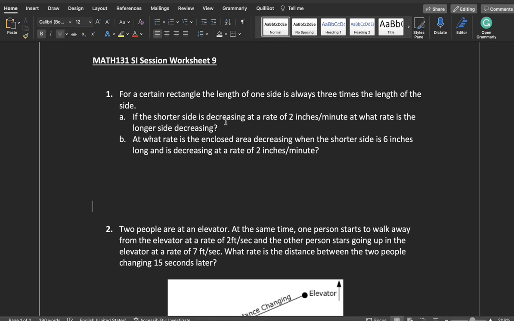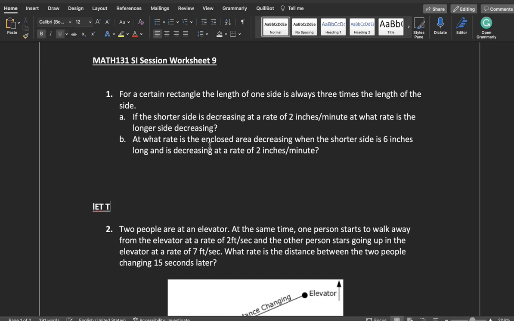It's all about the concept. So if the shorter side is decreasing at the rate of 2 inches per minute, at what rate is the longer side increasing?